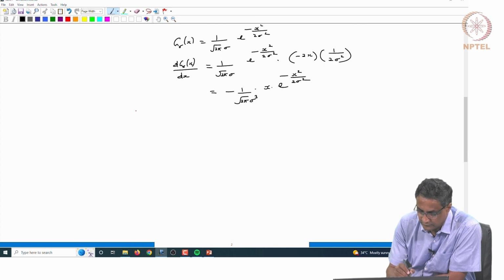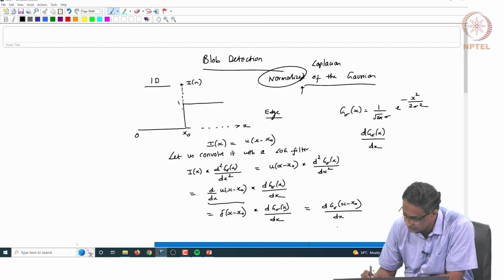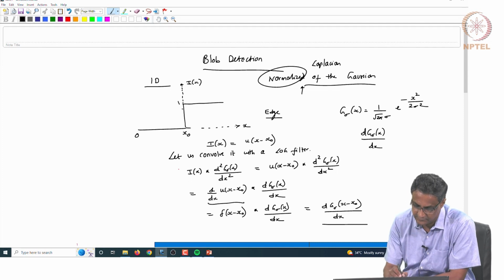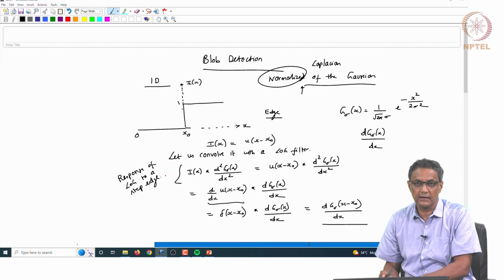Therefore, what we need is d g sigma of x minus x naught, which is what we got in the earlier one. This is the response of the LoG to a step edge, and that is the thing on the left.